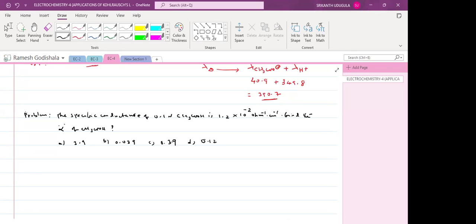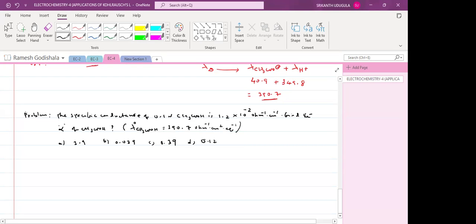Sometimes the value is also given in brackets: lambda infinity of acetic acid is 390.7 ohm inverse centimeter square per equivalent. Let me give one minute to solve.